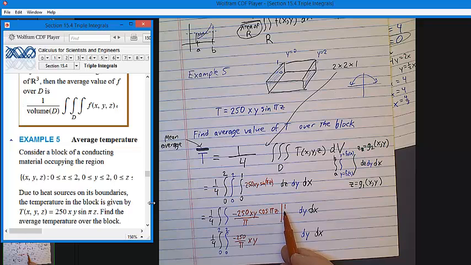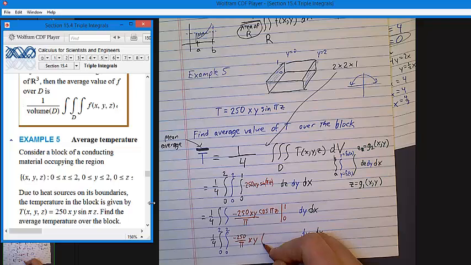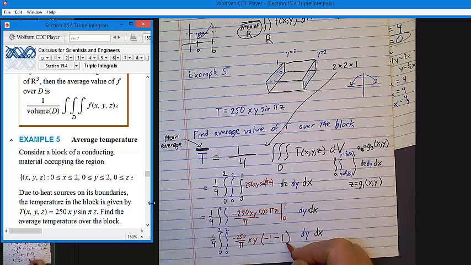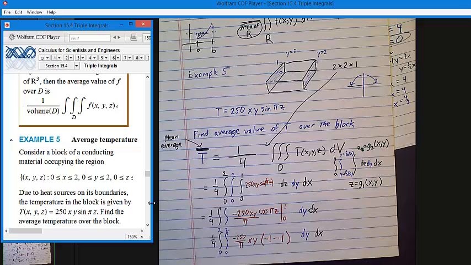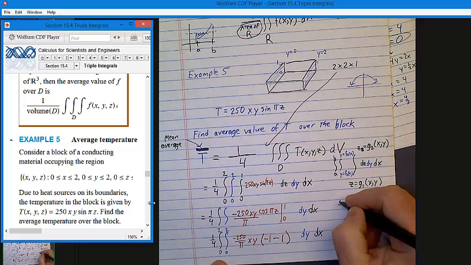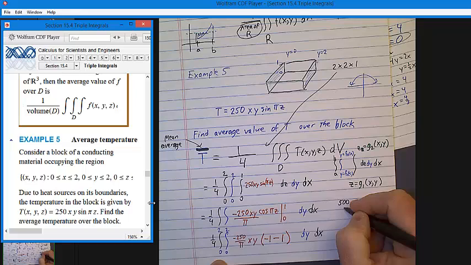What's that? Negative 1. What's the cosine of 0? Positive 1, so I subtract 1. So I'm basically multiplying by negative 2. Negative 2 times 250 is positive 500 over pi, and there's a 4 out front. So far I have positive 500 over 4 pi.